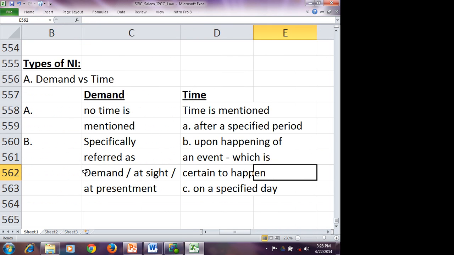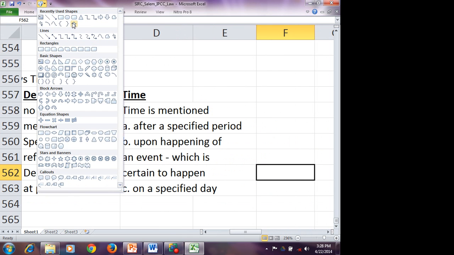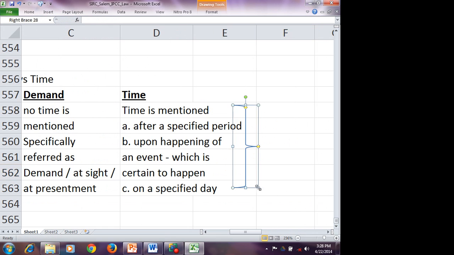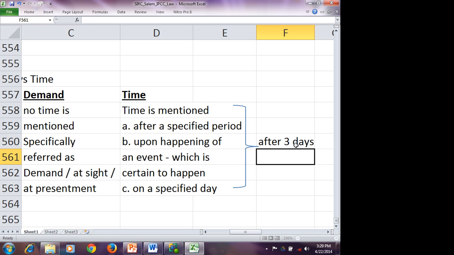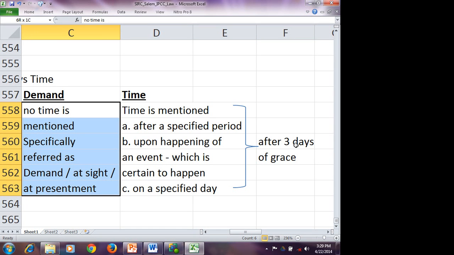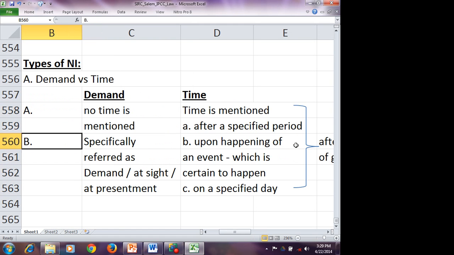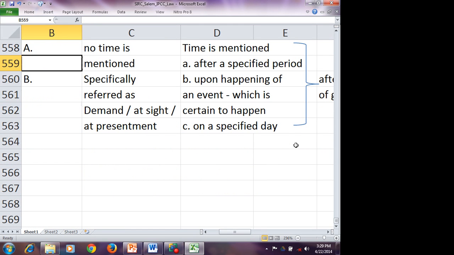A bill generally becomes matured for payment after adding 3 days of grace. In all these circumstances you need to add 3 days of grace, but not where the bill is payable on demand or at sight. It becomes immediately liable for payment with no 3 days of grace. This is called demand versus time instrument.